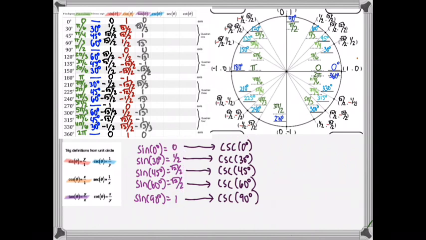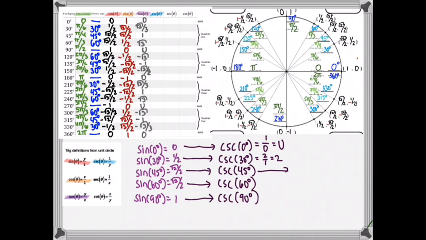So let's go ahead and take a look. The reciprocal of 0 is going to be 1 over 0. Division by 0, as we learned with tangent, gives us undefined. This guy right here, we take the reciprocal of 1 over 2, and we get 2 over 1, which is just 2.